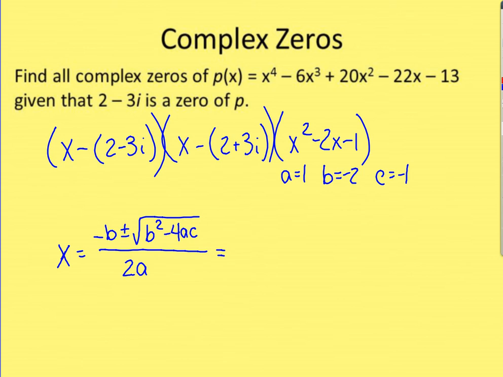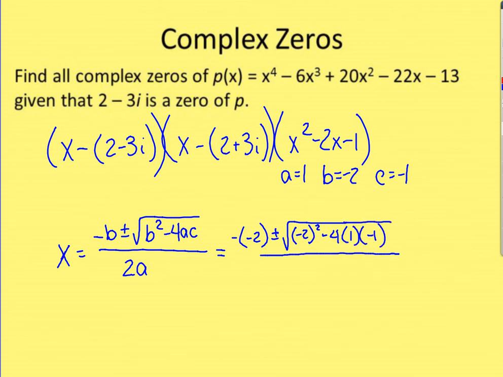If we plug in these values, we're going to have negative 2 plus or minus the square root of negative 2 squared minus 4 times 1 times negative 1 all over 2 times 1.